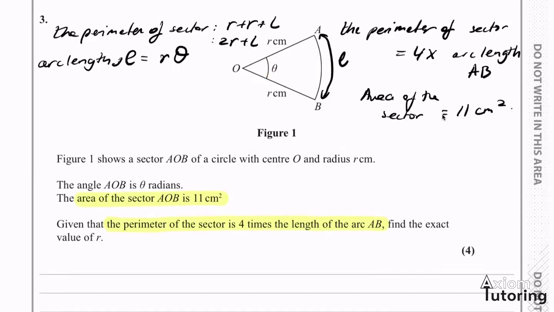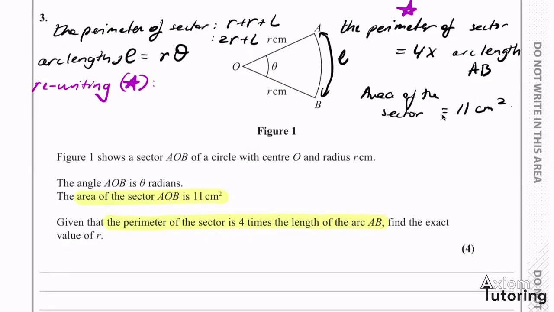And then we can rewrite this statement here using what we've written for the perimeter of the sector and the arc length, rewriting what we have starred there.